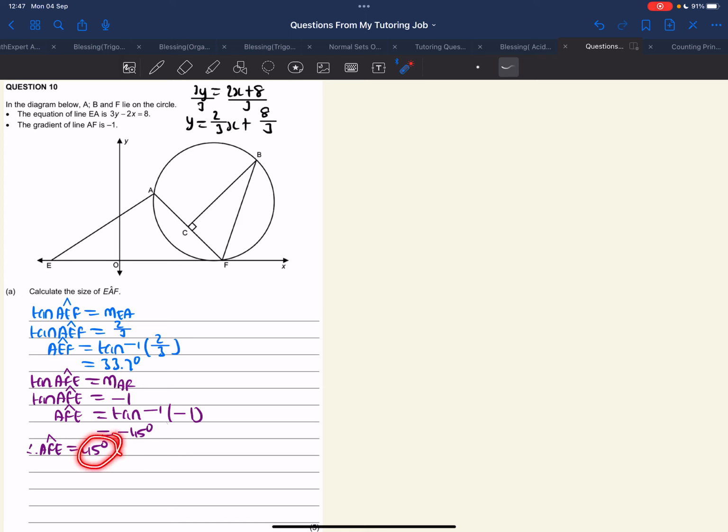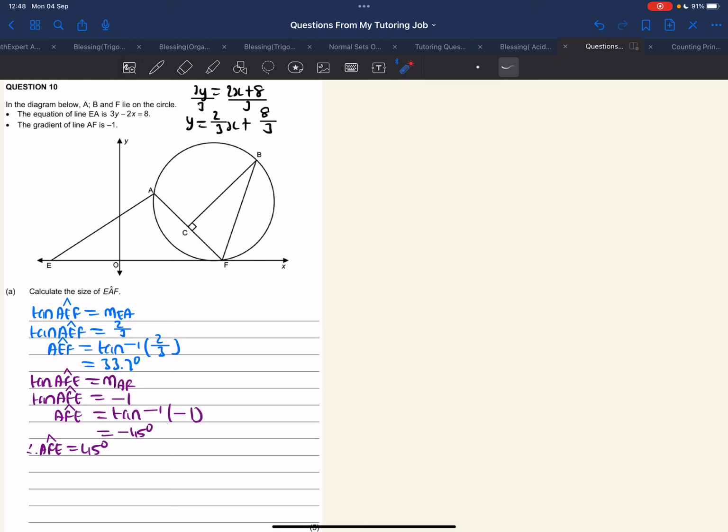We take the positive answer. So rather than saying shift tan of that negative value, just say shift tan of the value. Let's say we're given -1/2. You could have just said shift tan of 1/2 rather than shift tan of -1/2.